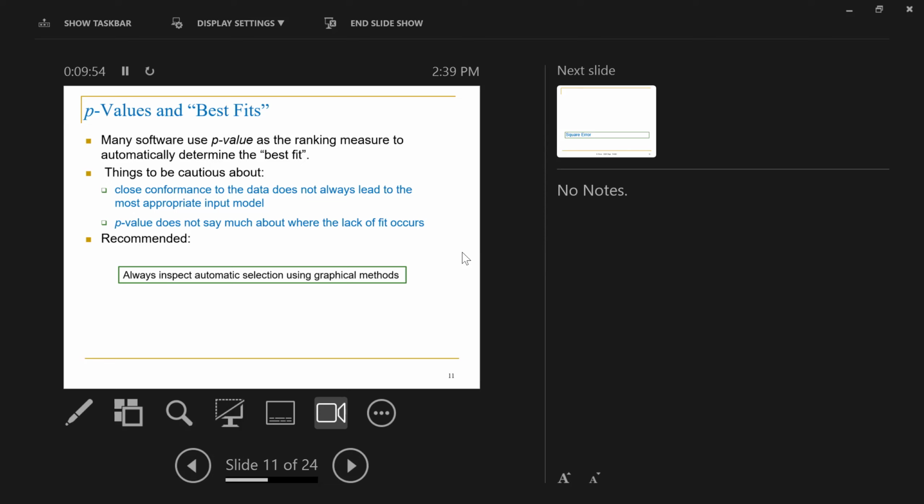So that's why it's recommended that we look at the curve and how it fits the histograms. That's something that the input analyzer will generate for you. It will show you the histograms and also how close the PDF is based on the best fit.